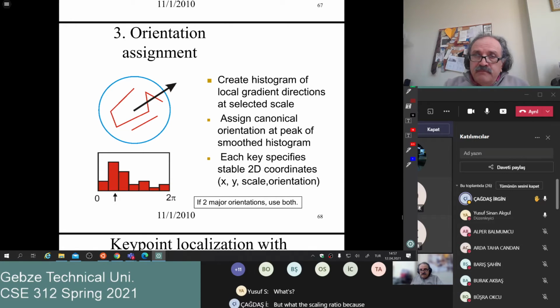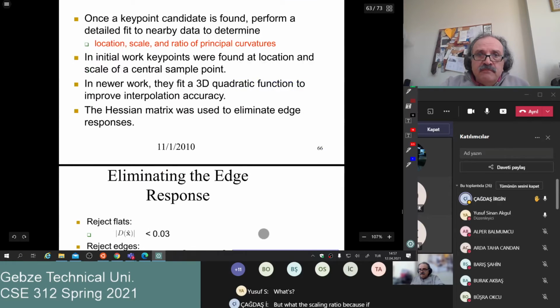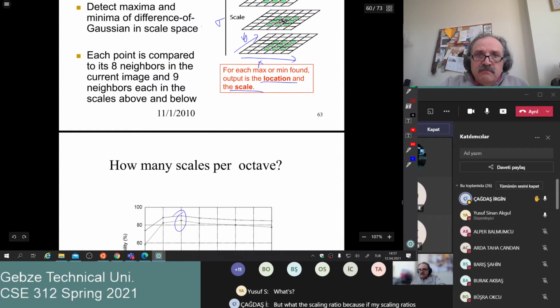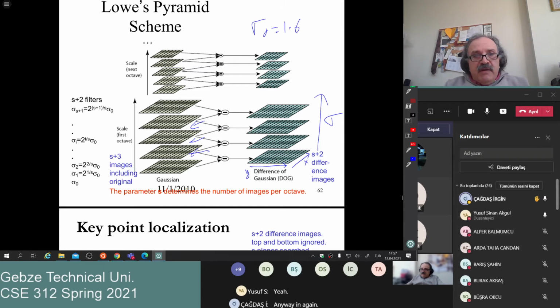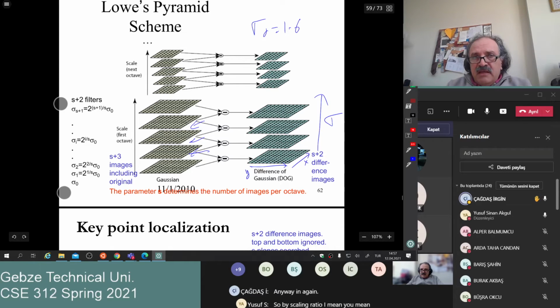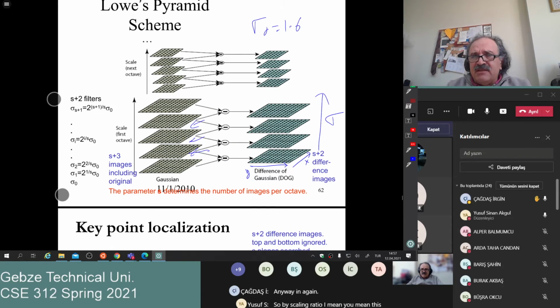Because if my scaling ratio is 1/2, but the point which I search is scaled about 1/10, I cannot find it anyway.